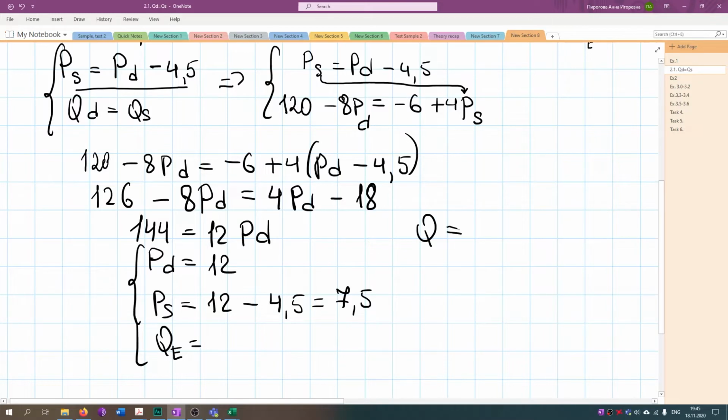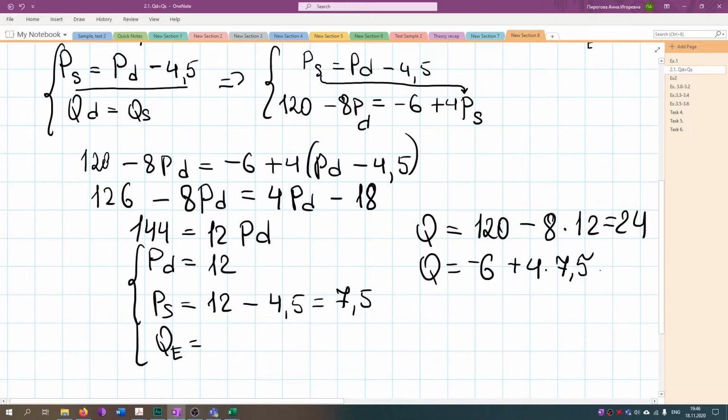So in the first case, we will receive 120 minus 8 multiplied by 12, and our quantity will be equal to 24. And in the second case, if we take the price for suppliers and put it into the function for quantity supplied, it will also be equal to 24. So it's a great way to check whether your solution was correct.